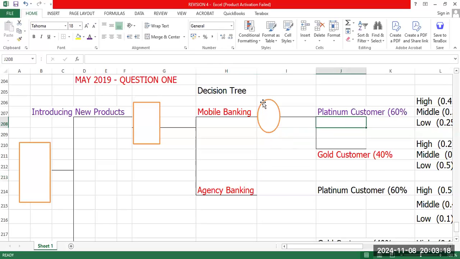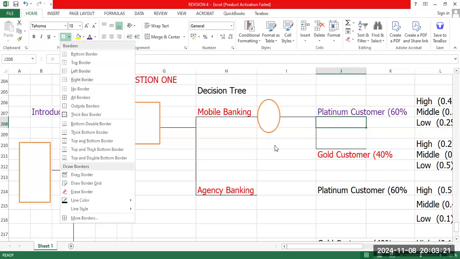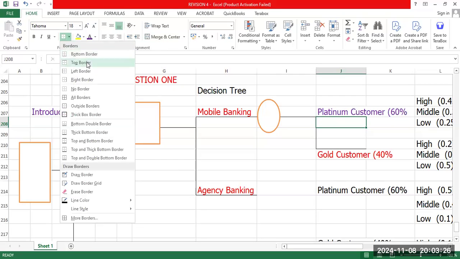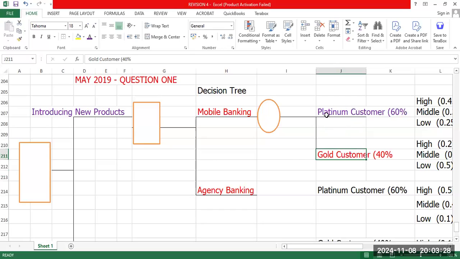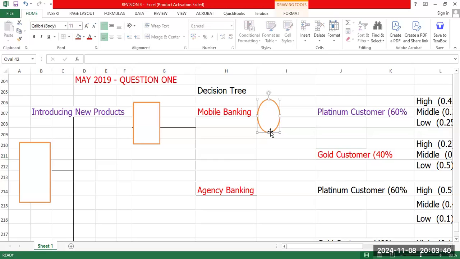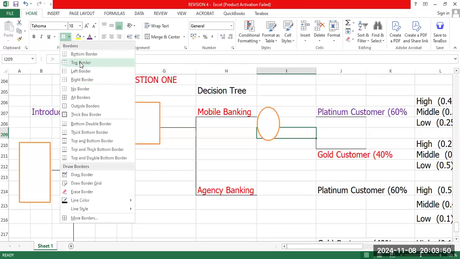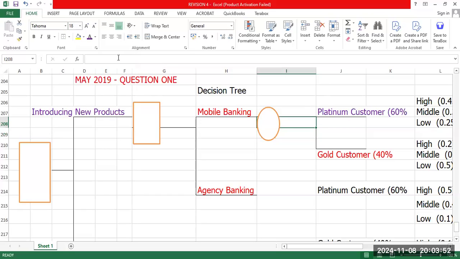Now when you observe, it simply means that each state of nature is starting from a circle. But I can just make sure that I do like this, so that you don't be confused.